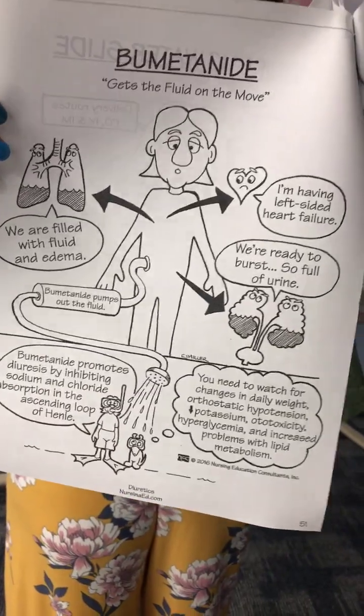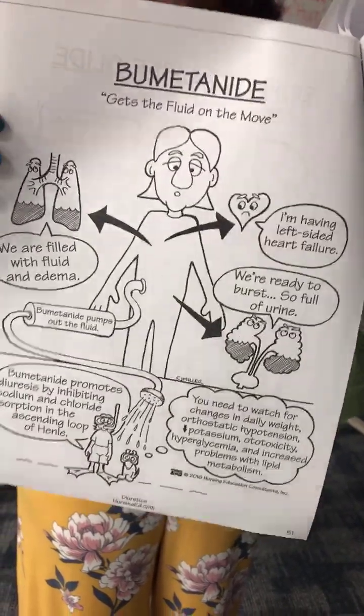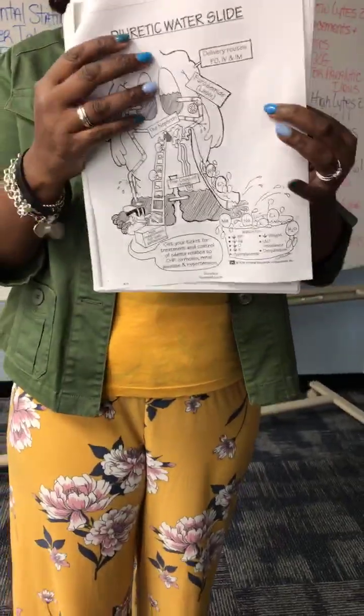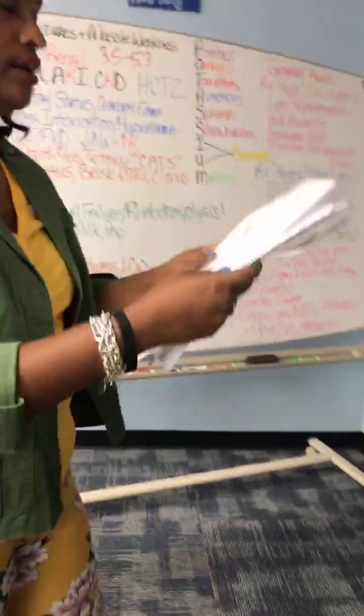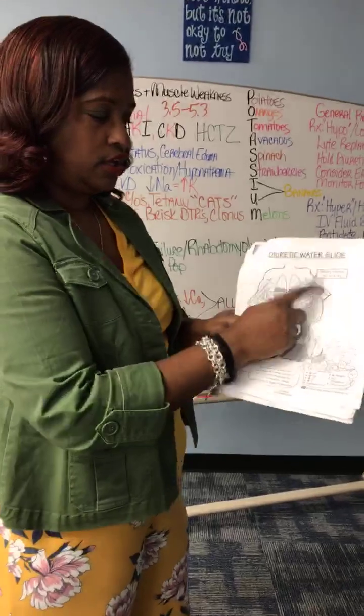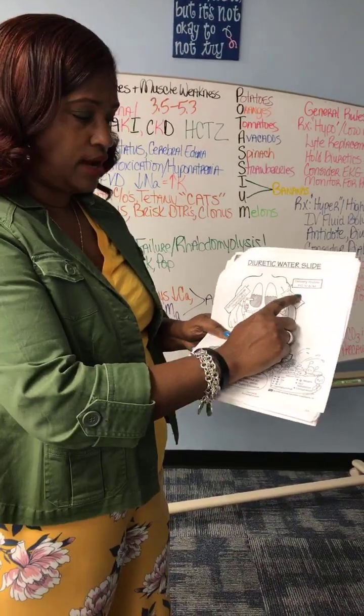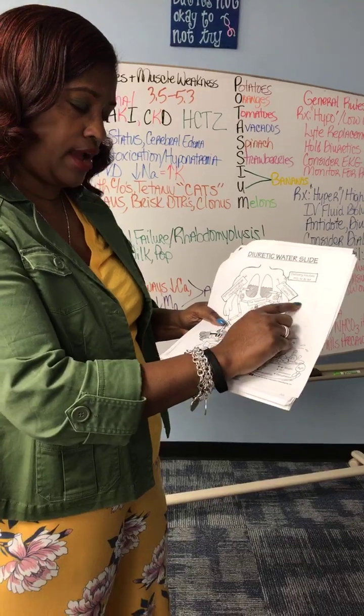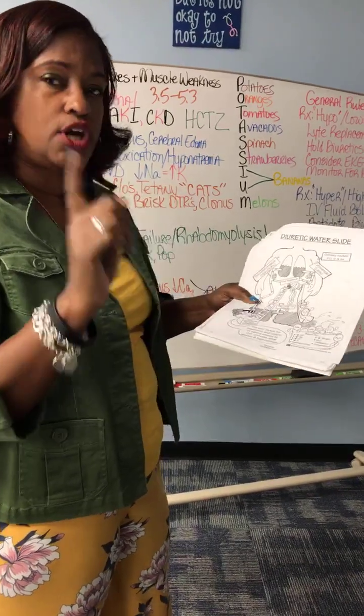It says bumetanide, so that's what you want to know. You do want to remember furosemide, but you want to know that this is more popular. Okay, so we'll do that in a minute, but for now, just stay with your girl. Now, you need to write furosemide, you need to write bumetanide, put that in there, right around in here somewhere, okay? Then you need to know how they work.